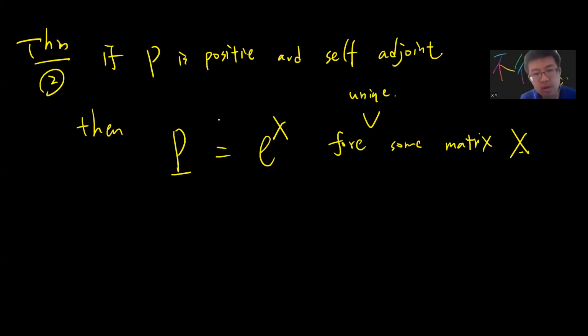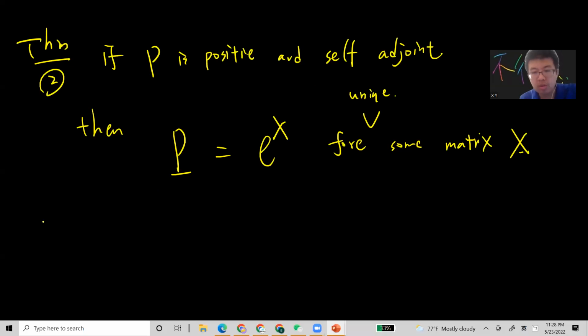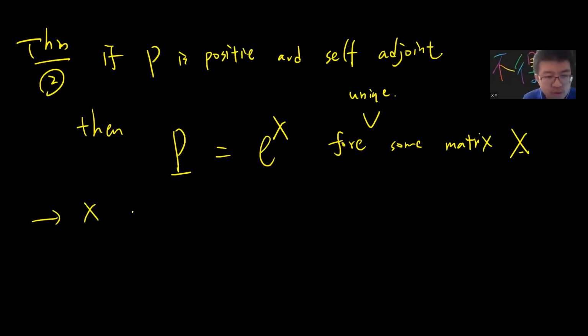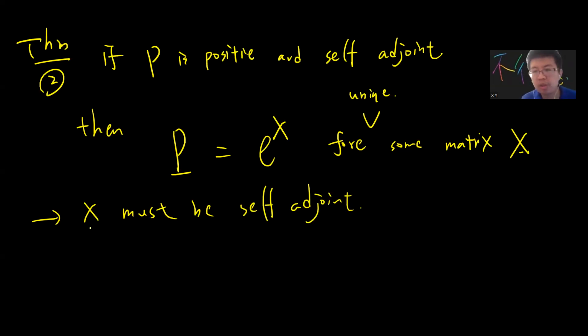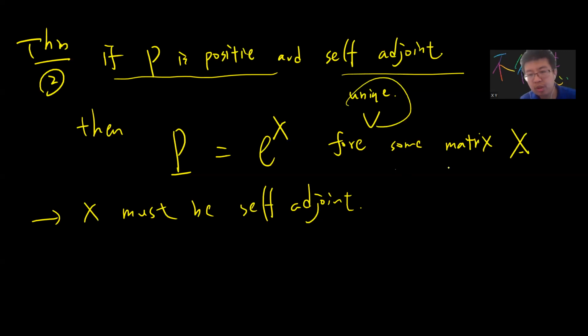Since P is self-adjoint, one can show x must be self-adjoint. So simply speaking, if P is positive and self-adjoint, then P can be written uniquely as exponential x with some self-adjoint matrix x.